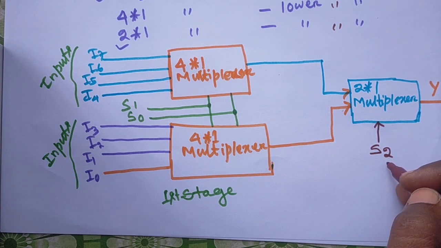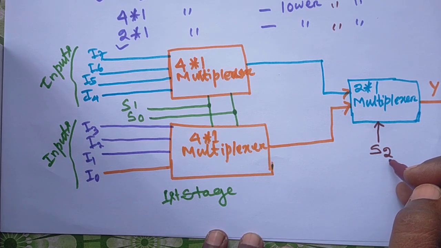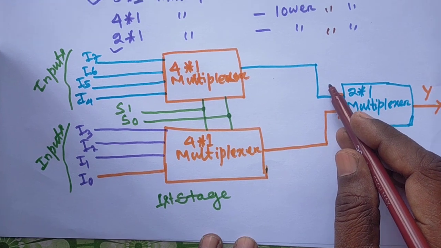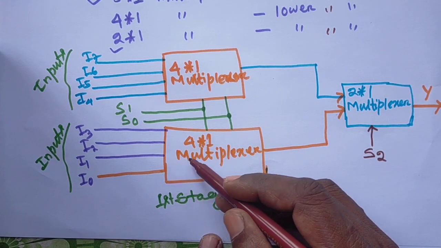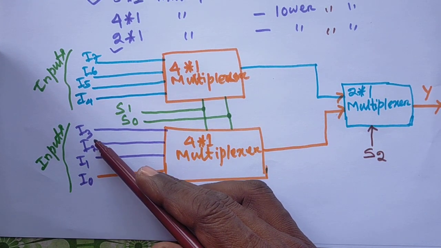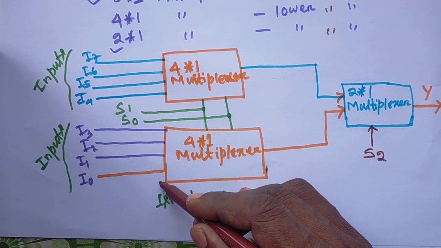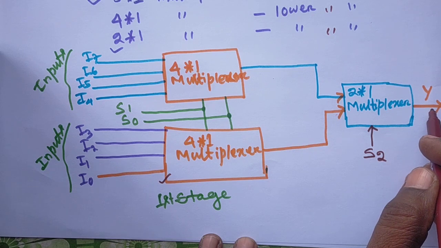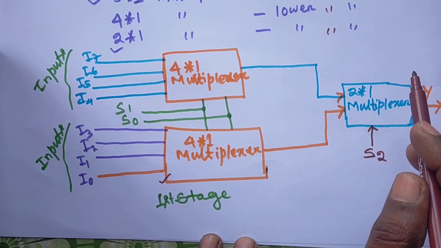Okay, depending on that, for example S2 is 0. If S2 is 0, then what happens? We will consider, for example, this is 0 and this is 1. So I0 to I3 or this multiplexer can be activated and passes the data to Y. Okay, this is the basic concept.